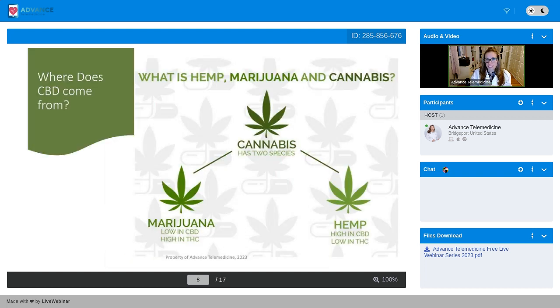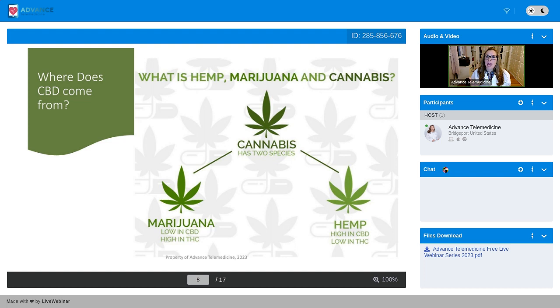So this just breaks it down a little bit more. We hear the term cannabis, we hear the term hemp, we hear the term marijuana. They're all kind of thrown around. What actually are they? Cannabis is the species of the plant, and it's broken down into different types. There is the marijuana plant, which has higher levels of THC. It also has CBD in it, but it's got the highest level of THC.